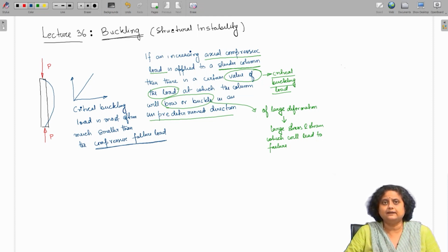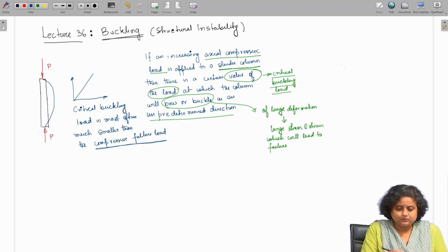Additionally, the skin is also thin-walled, so it is also very vulnerable to buckling. Therefore, the monocoque structure of an aircraft, the stringers, spars and longerons of an aircraft are very much vulnerable to buckling failure. Therefore, it is important in aerospace structures to understand buckling very clearly.